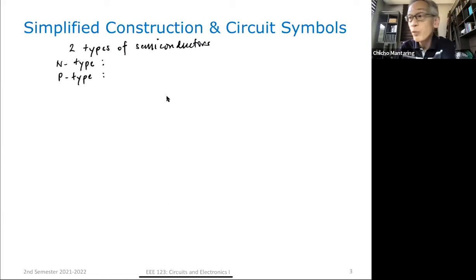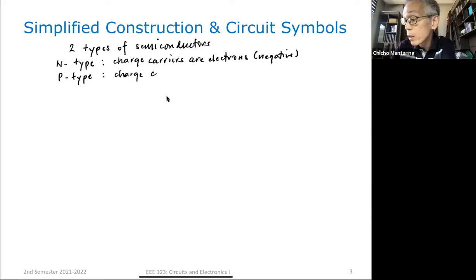The distinction between the two is the charge carriers that are inherent in the semiconductor. For an N-type, the charge carriers are electrons, which are negative. And in a P-type, the charge carriers are, let me just say, positive. I don't want to describe what they are yet at this point. So in N-type, the charge carriers are negative, and in a P-type, the charge carriers are positive.